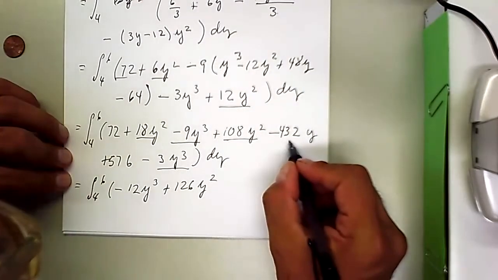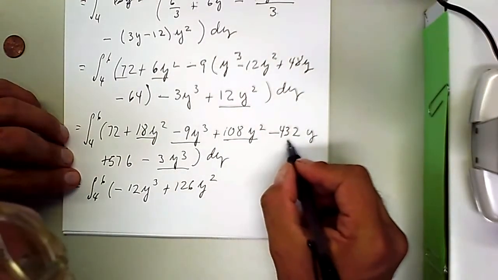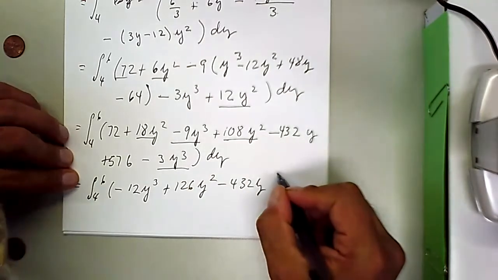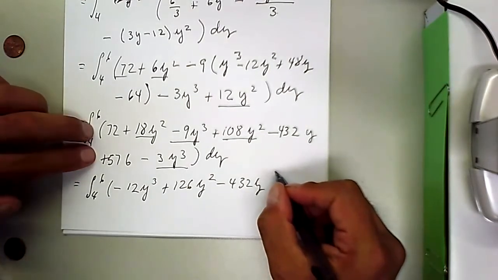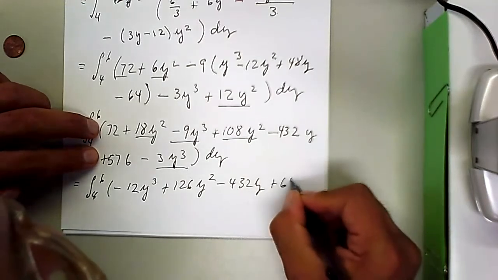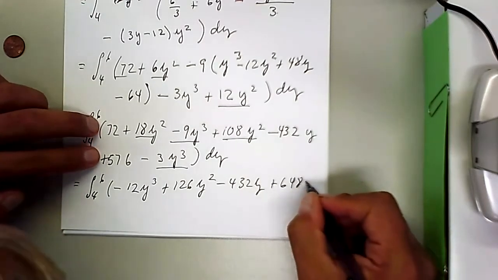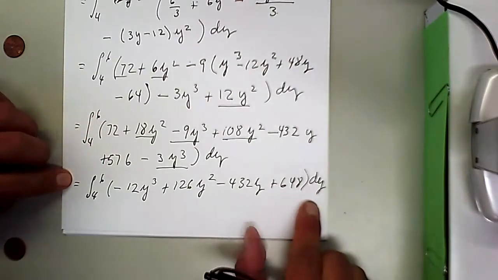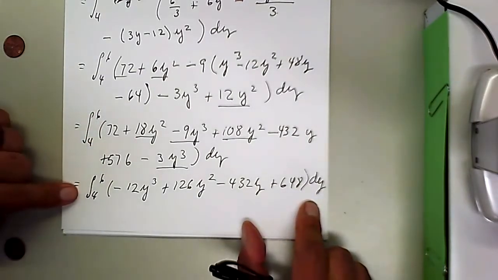Negative 432 minus 432y. And those two are going to be 648 plus 648, no y, constant, dy.